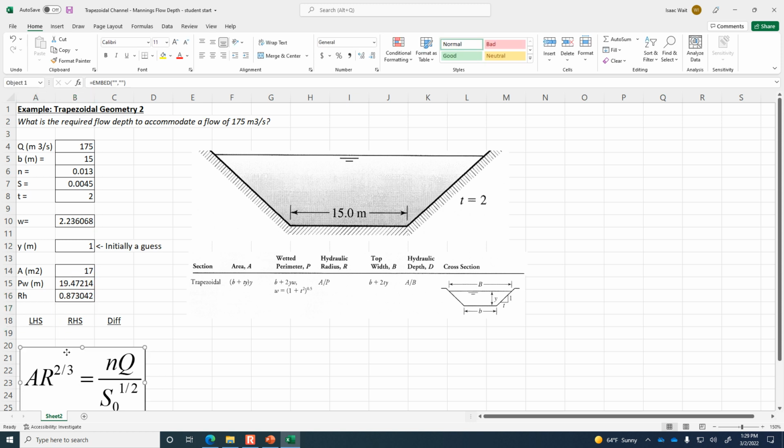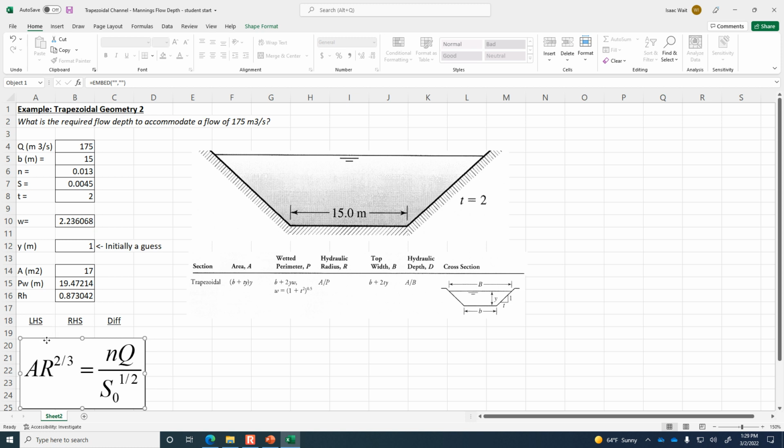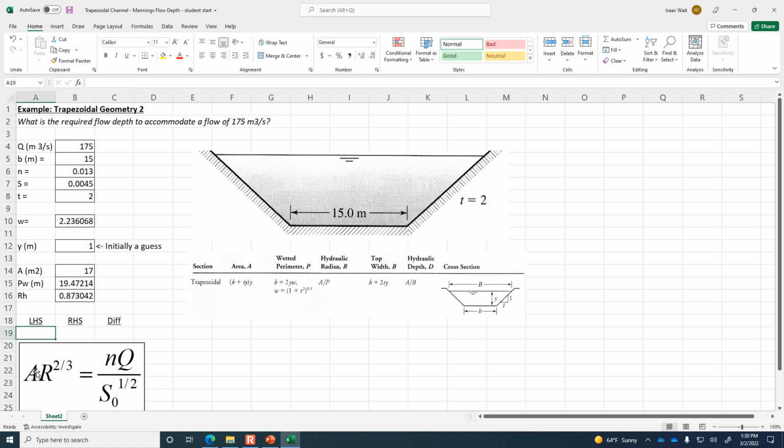LHS means the left-hand side of this equation. So the left-hand side is area times the hydraulic radius to the 2/3 power. Okay, so equals area times the hydraulic radius to the power of 2/3. So I'll just type in 0.666667.